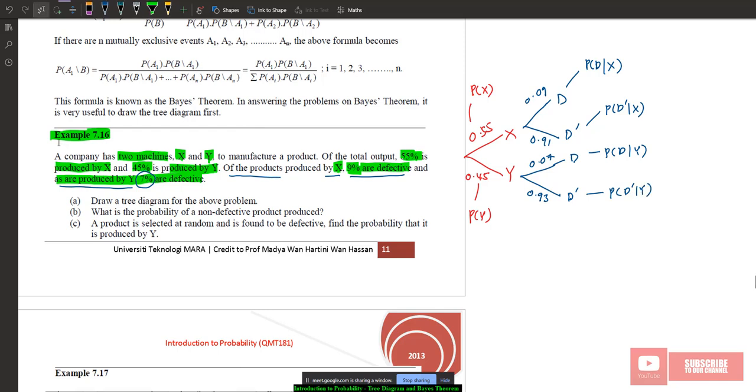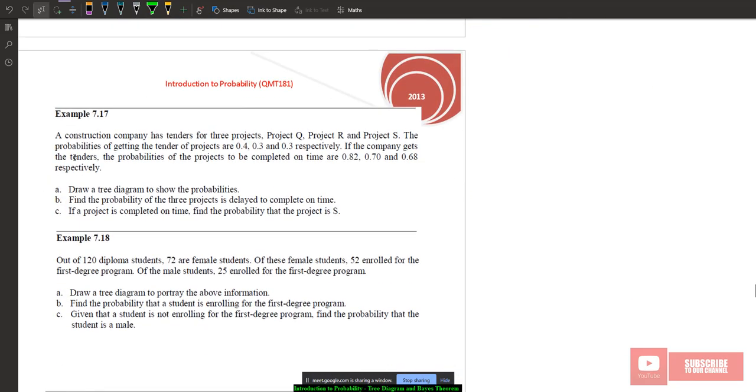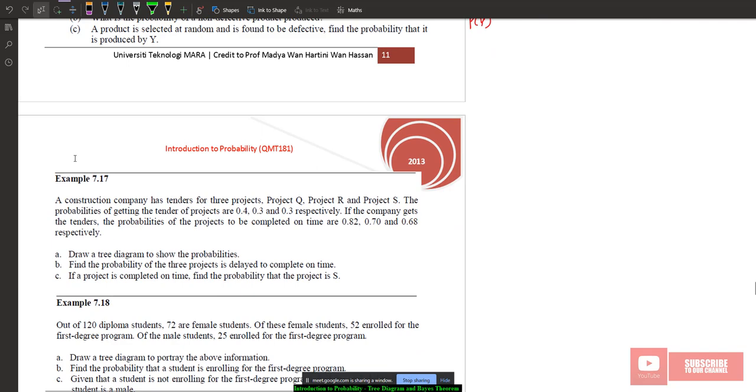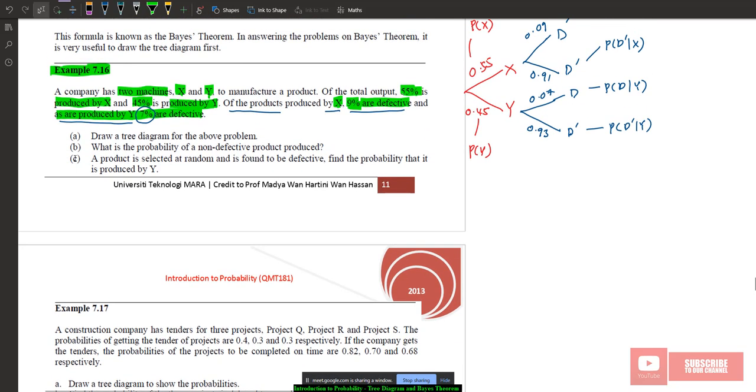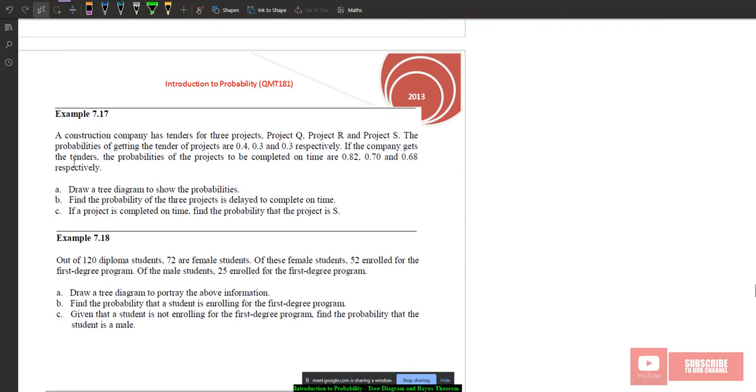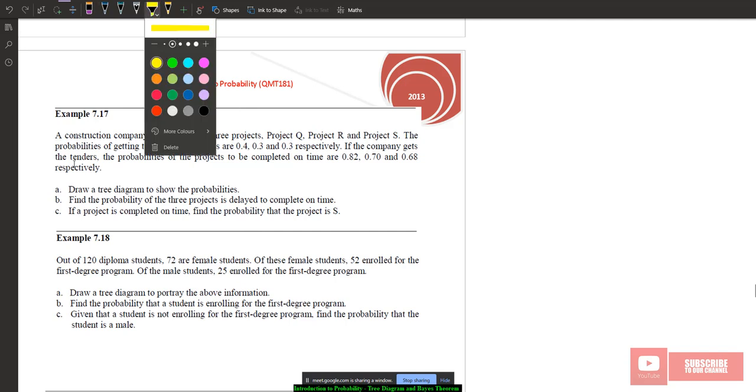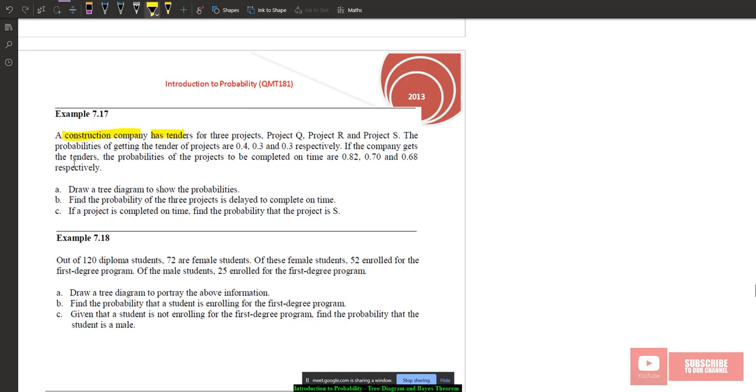So let's look at another example, right? So now example number 7.17. A construction company has tendered 3 projects, right?